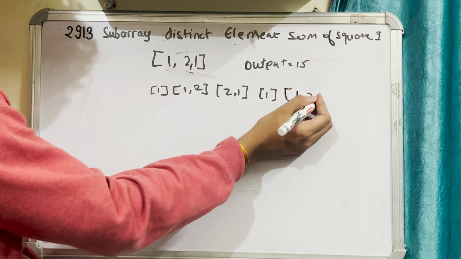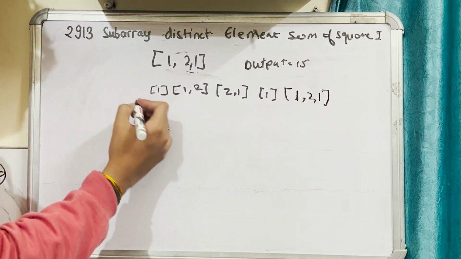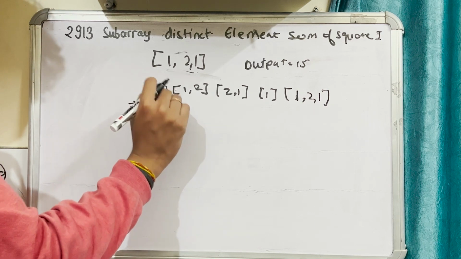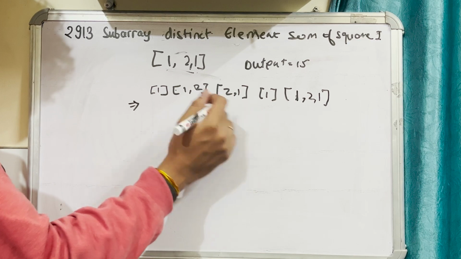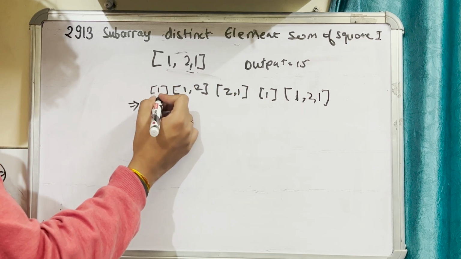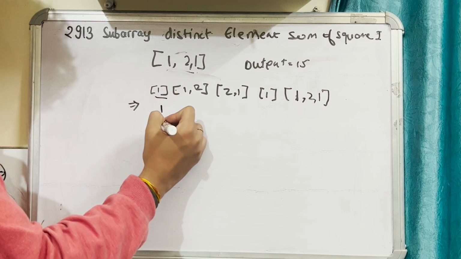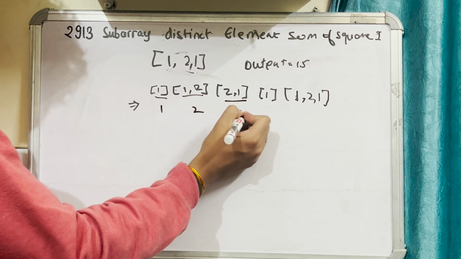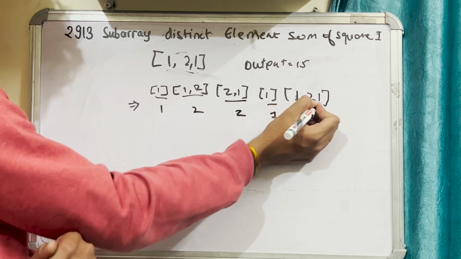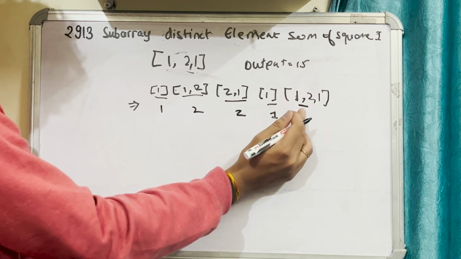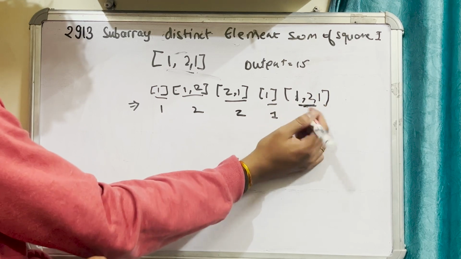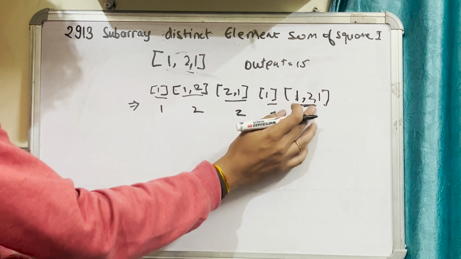So basically, what you have to do is return the count of unique elements in these subarrays and the sum of their squares. For example, the unique count in this is 1, in this is 2, here 2, here 1, here 1. This one is repetitive.